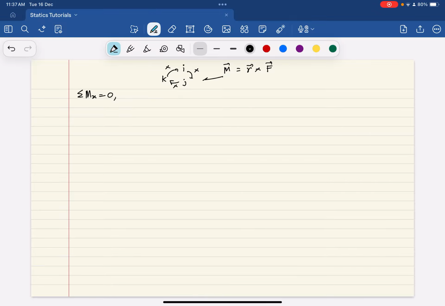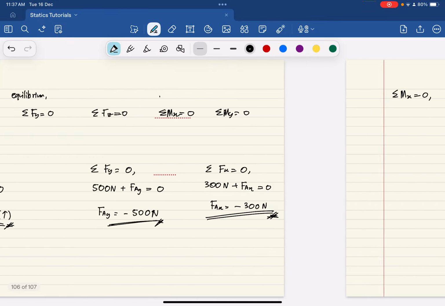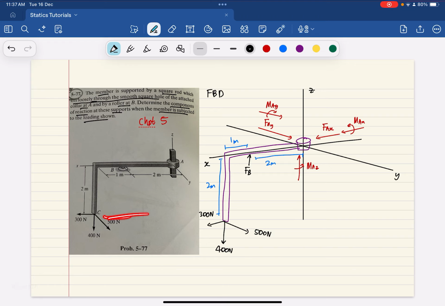This is the relationship you should remember. So for Mx equals 0, we have to find the force that's in the J or K component and the distance that's also within the J or K component.